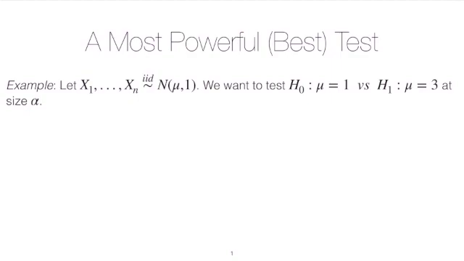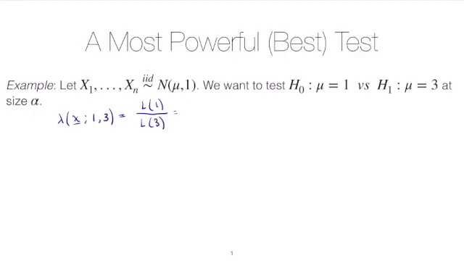Now, the Neyman-Pearson Lemma says to take a look at lambda of the data where we have theta naught equal to 1 and theta 1 equal to 3. And what happens here is we have the likelihood evaluated at 1 over the likelihood evaluated at 3.